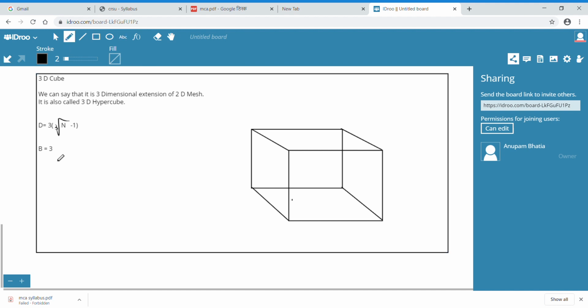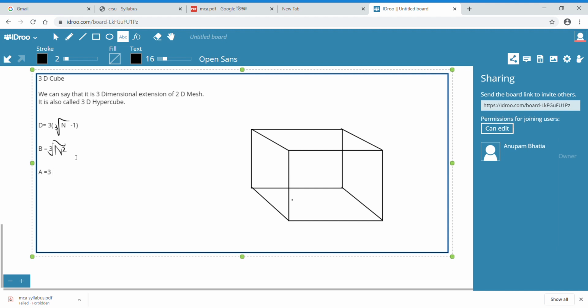Instead of n, it is a... and the connectivity is equal to 3.